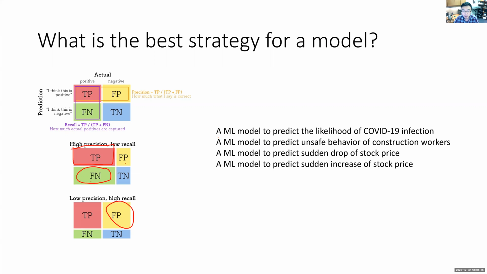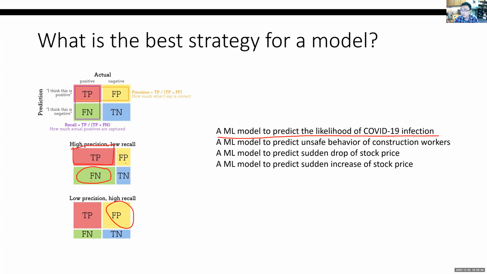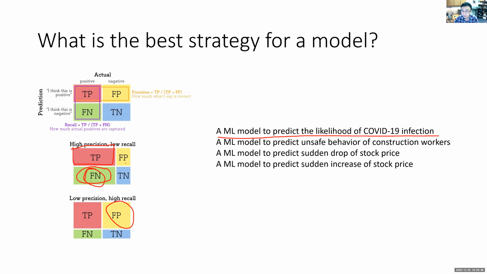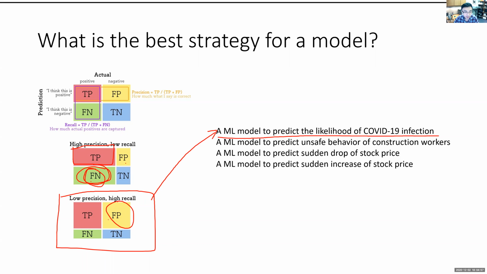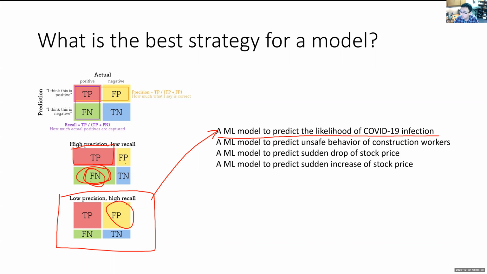Let's say a machine learning model to predict the likelihood of COVID-19 infection. We say we don't desire which one, false positive or false negative. We don't desire this one. Make sense? So then we want to have a model for this kind of machine learning application. And what's this model? Is this a high recall rate or low recall rate? This is a high recall rate. Makes sense?